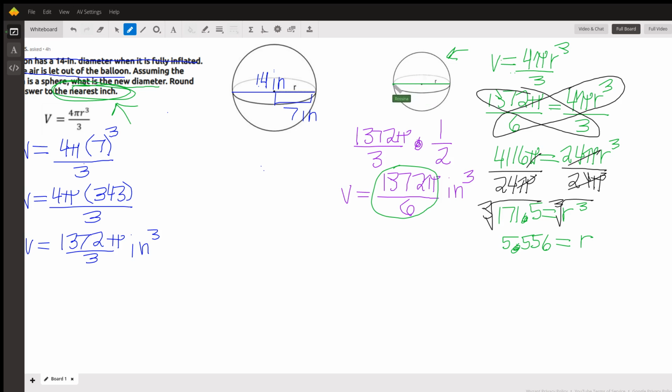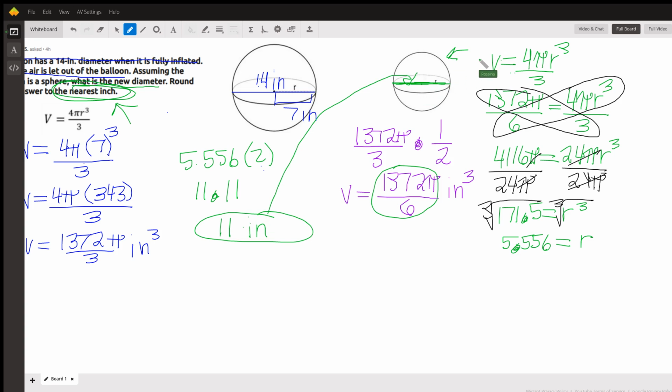Remember, the diameter is 2 times the radius. So 5.556 times 2 equals approximately 11.11. Rounding to the nearest inch, finally, we get 11 inches for our diameter.